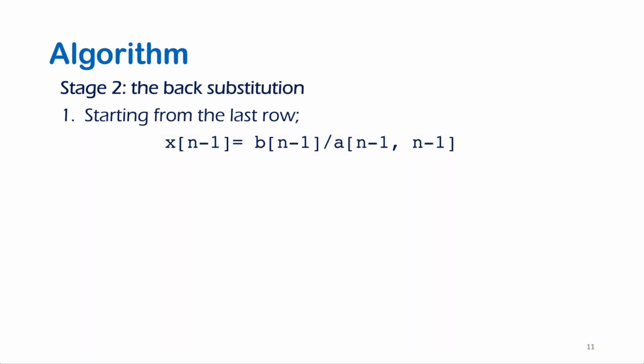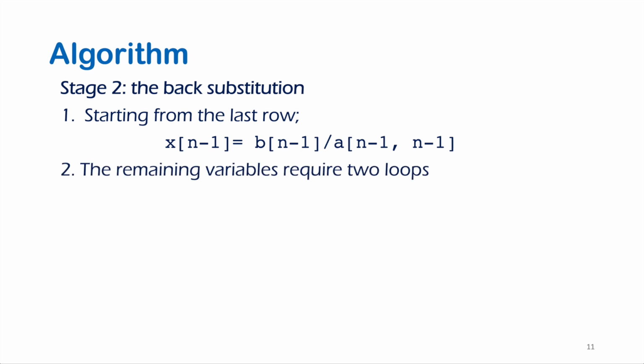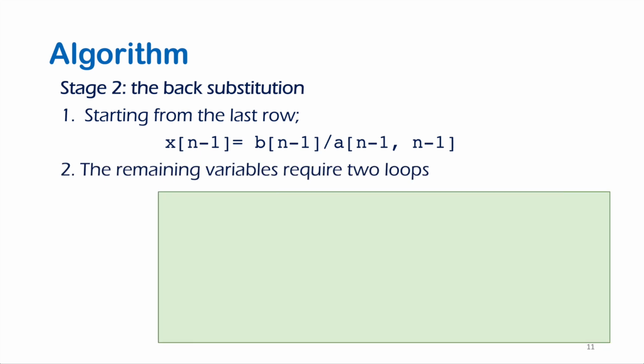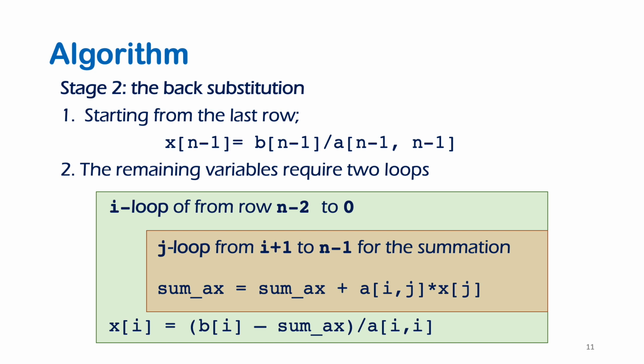The algorithm of the back substitution starts with the calculation of x in the last row first. Then we use 2 nested loops. The first goes through the equations from n-2 to the first equation. Since the loop will go backward, during the coding, its step should be set to -1.